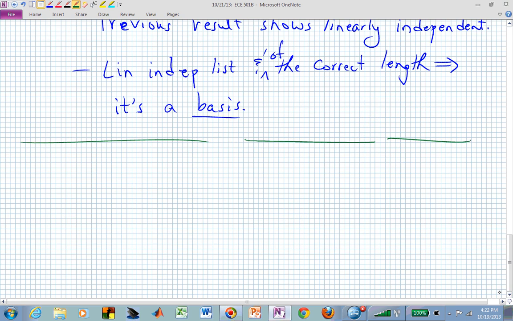We can now write down a theorem that's very helpful in decomposing any vector in the vector space V. Orthonormal bases don't have to be unique, that's why it's bases.